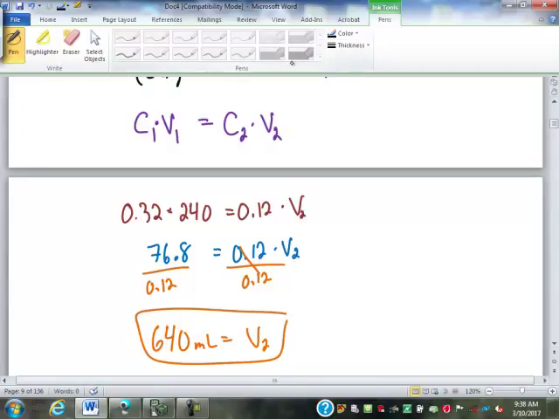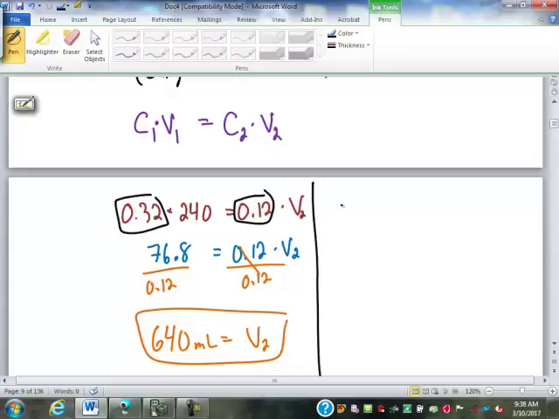Now the nice thing about this formula here is because there's a concentration on each side, we don't have to even express the concentration as decimals. This would have worked out if we had left that as 32 instead of changing it to 0.32, as long as we did the same with the 12.